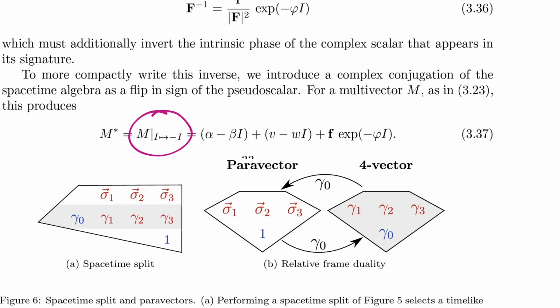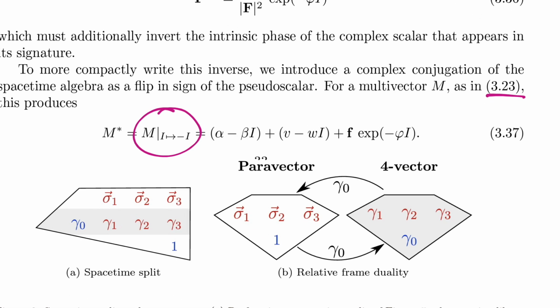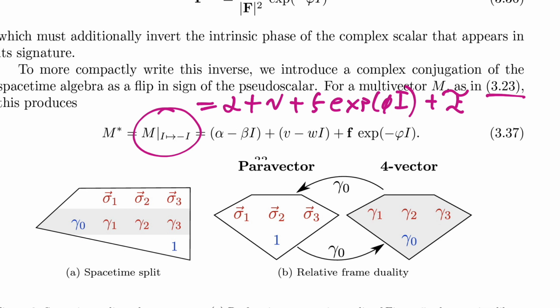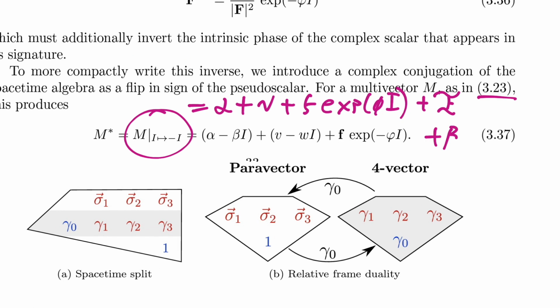When they're referring to 3.23, I'm sure they're referring to alpha plus vector plus, I guess, the canonical form of a bivector, plus a trivector, which I think they used as a fractor, plus pseudoscalar, right?